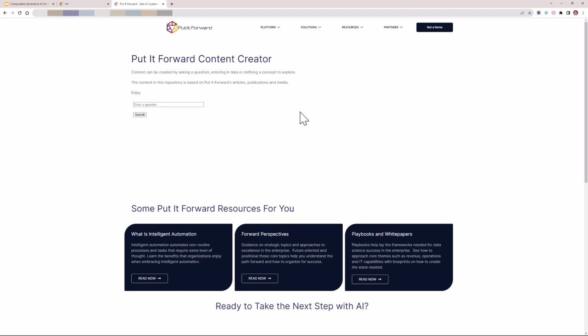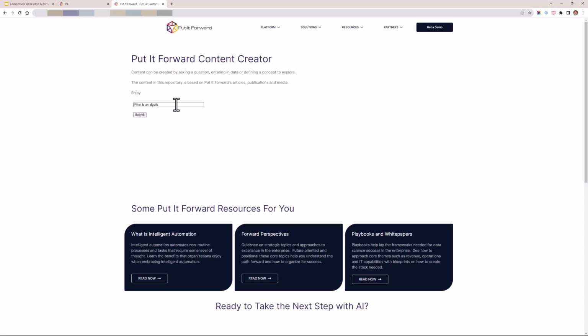So this could be used by someone who is a customer in a customer-facing application like your website. It equally can be used in a customer support context, or it could be used internally to help get to an answer around what it is that you may be trying to solve for or generate research on or an understanding around.